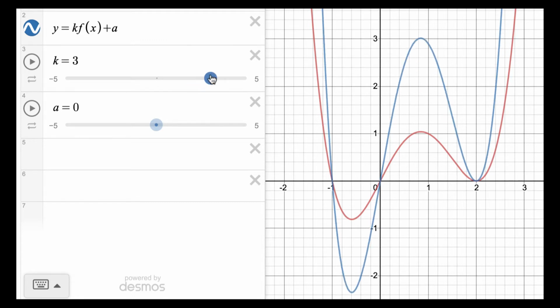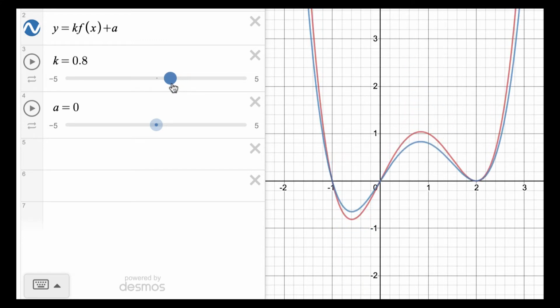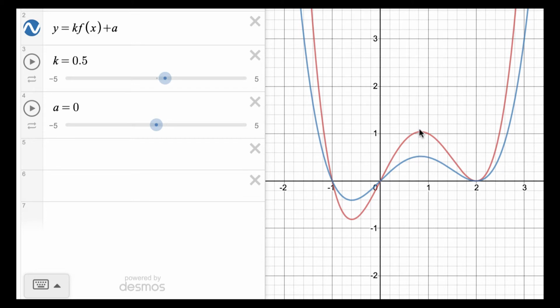And let's increase it up to 3. All the heights have trebled. So there's a scaling, and we could take that value of k to 0.5, and you'll notice that now all heights are half what they used to be. The distance of this point from the x-axis is now halved.